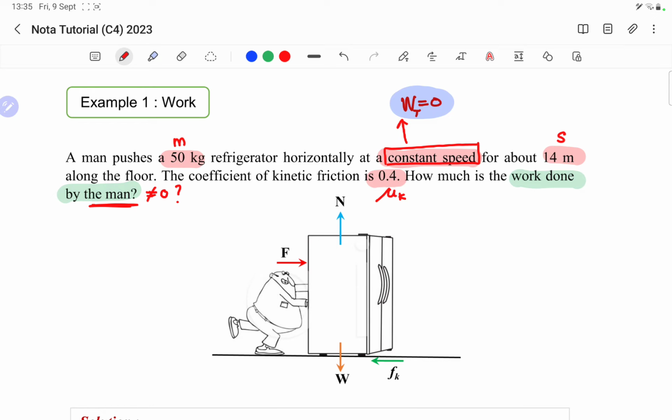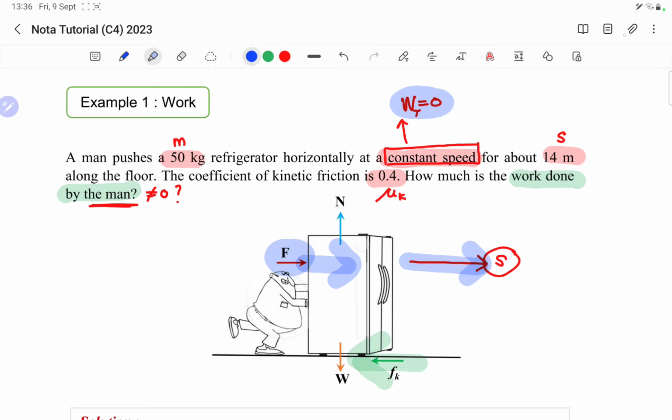The reason is that S is moving to the right, so there is displacement. The man is doing positive work, pushing the refrigerator in the direction of displacement. But at the same time, there is a friction force opposing the motion, so the work done by the friction force is negative work.